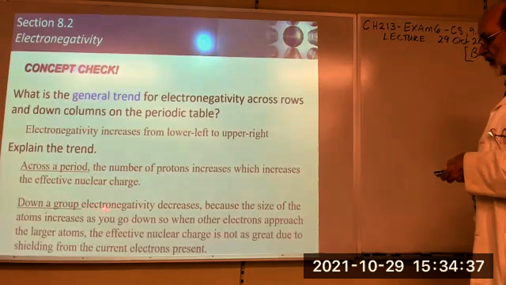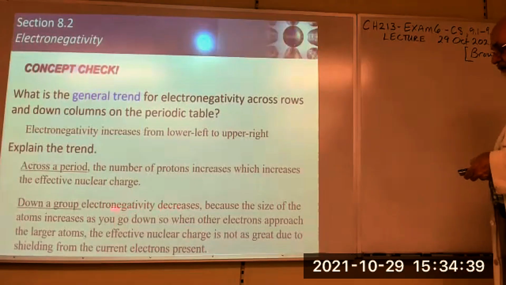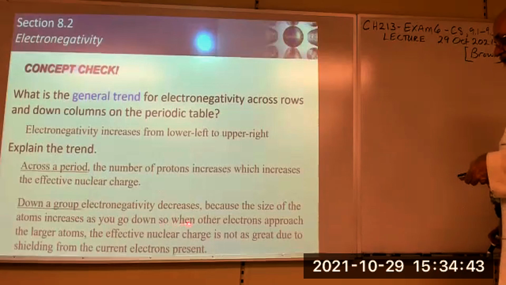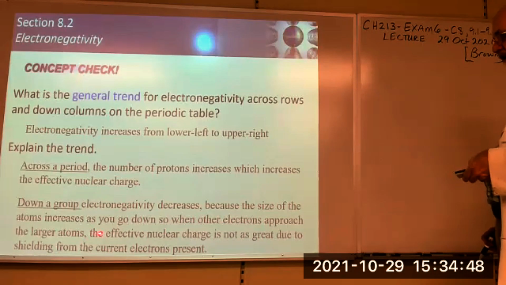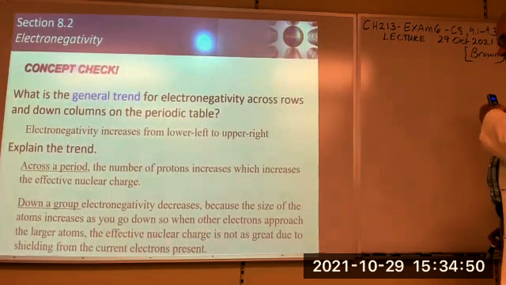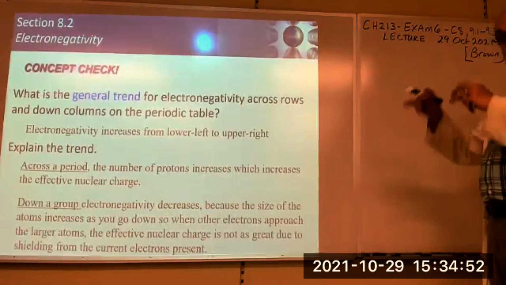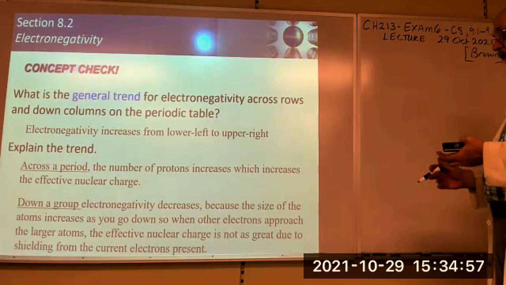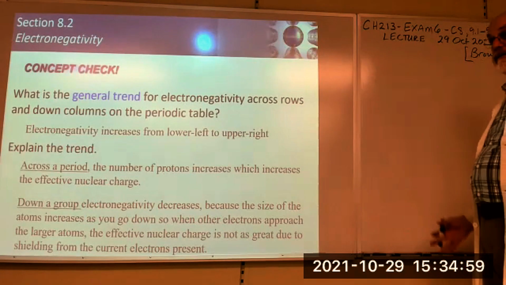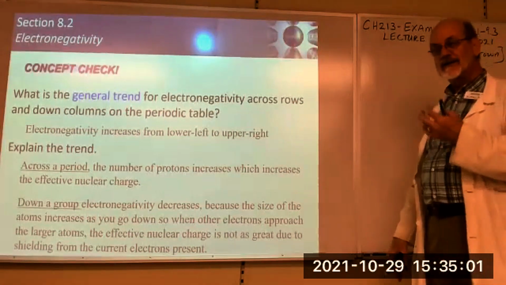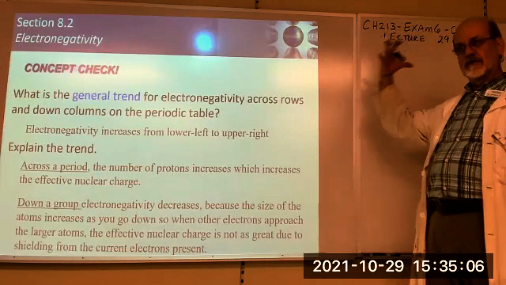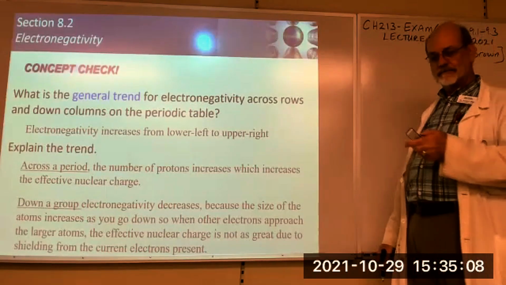Whereas down a group, the electronegativity decreases because the size of the atom increases, and the electrons that are closer to the nucleus tend to shield the outside from the positive charge in the nucleus. Plus, it's just a bigger atom, and the charge density is lower because it's spread over a bigger volume.